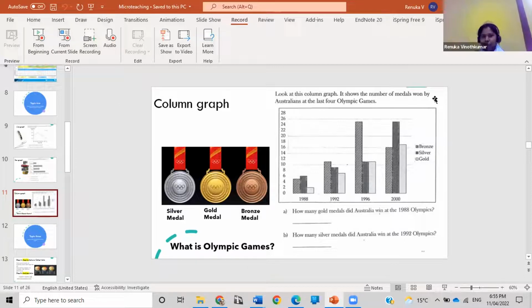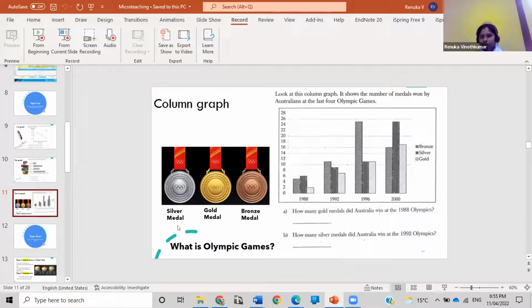Let's try. So it shows the number of medals won by Australians at the last 4 Olympic Games. So there are 4 years, 1988, 1992, 1996, and 2000. And the first bar shows the bronze medals. The second one is silver, and the third one is gold medals.